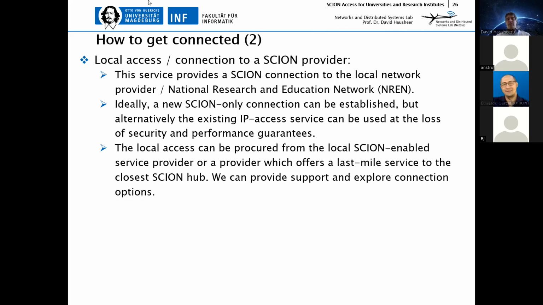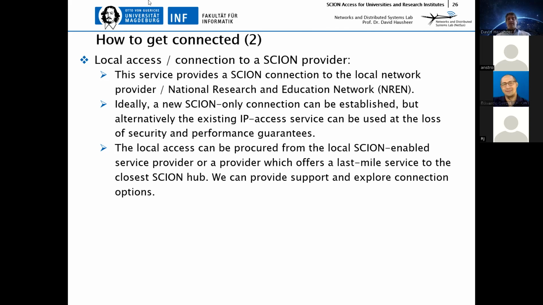That means a native connection, but if that is not an option, it's also possible to use the existing IP access service and then just simply run SCION as an overlay over it. Of course, that comes at a certain loss of security and performance guarantees, but it may well be a first step in order to, for example, evaluate SCION and then decide for a native SCION connection later on.